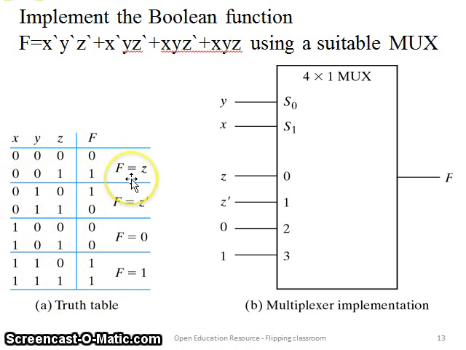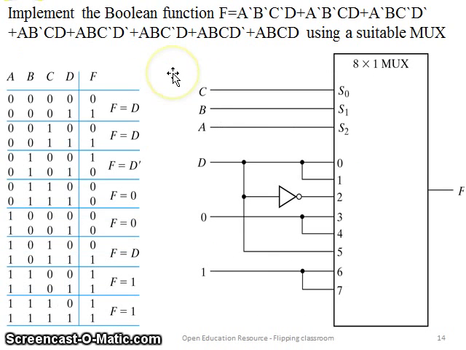For the first 2 patterns, f is exactly equal to z. For the second 2 patterns, it is the complement of z. So here the 4 data inputs are correspondingly connected to z, complement of z, 0 and 1. We are able to get the function f equal to the given logical expression.